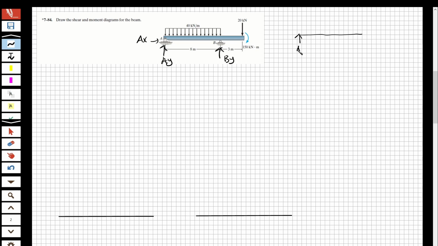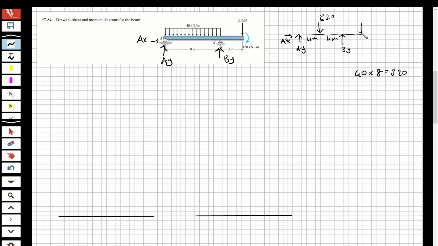This is AY, AX, 40 multiplied 8, 320. Yeah, for example, this is, sorry, BY. It's going to be at midpoint of 8 meter, 320. This is 4 meter, and this is 4 meter.